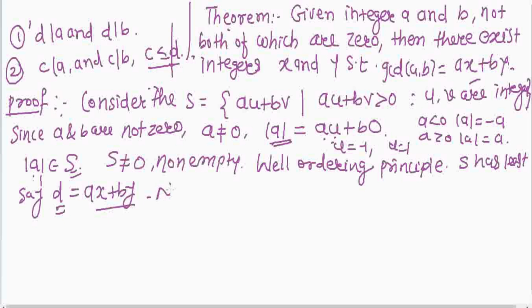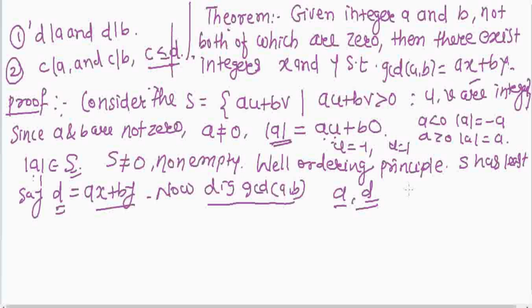Now friend, it remains to prove that this D is the greatest common divisor, GCD of A comma B. We are moving toward proving that D is the greatest common divisor of A and B. Now we have two integers, A and D, and for these two integers we can apply the division algorithm.